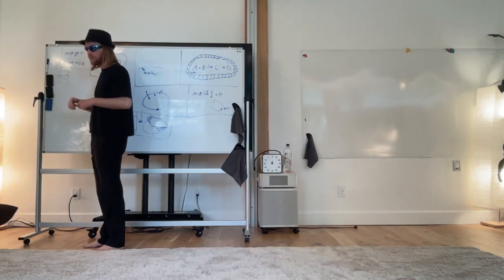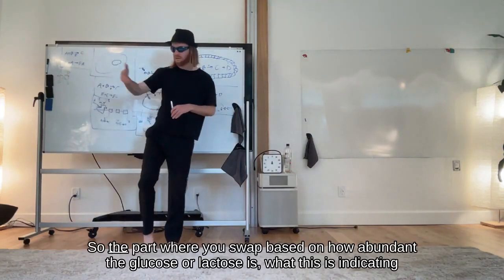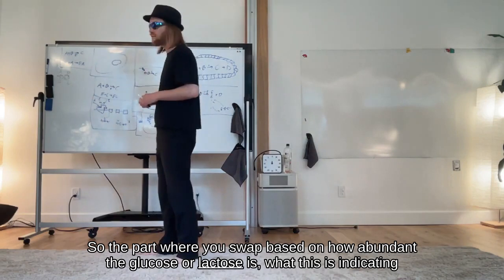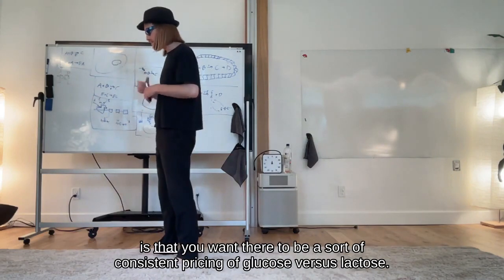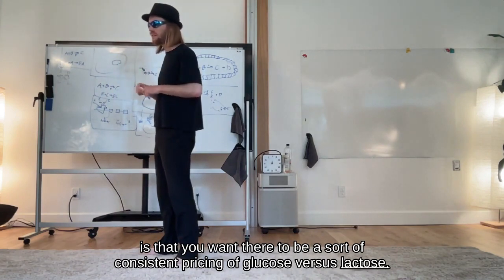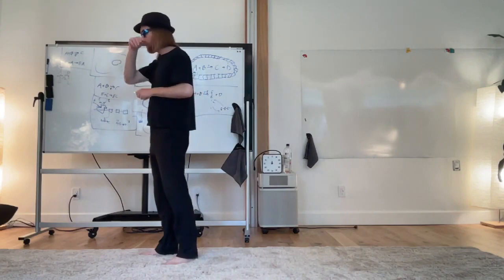So the part where you swap based on how abundant the glucose or lactose is, what this is indicating is that you want there to be a consistent pricing of glucose versus lactose, a consistent trade-off ratio between the two. Yep.